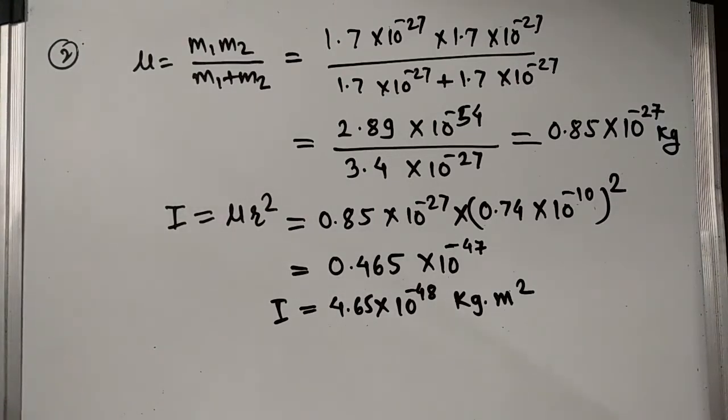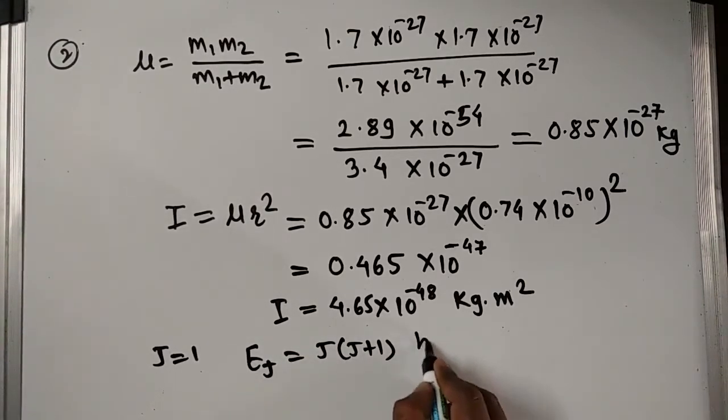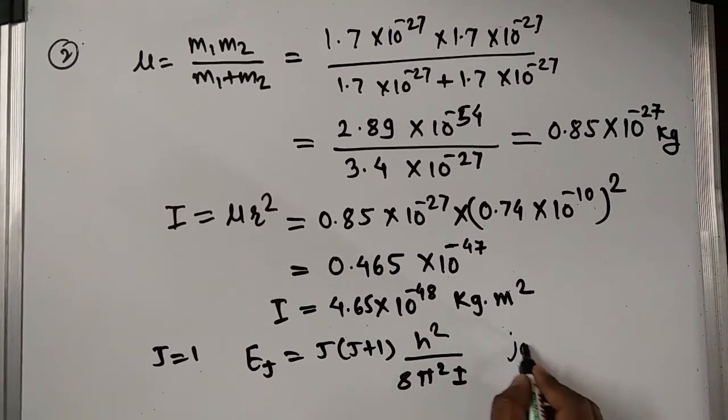Now we have to calculate the energy for the first two rotational energy levels. They are given by J values. The first value is for J is equal to 1. If I put J is equal to 1 in the equation for EJ, which is J into J plus 1 h square upon 8 pi square into I, this is in joule.